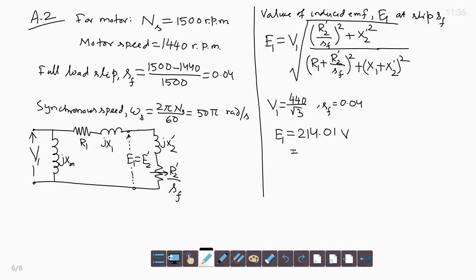So, induced EMF depends upon the relative speed and the MMF. Now, relative speed is same and flux is same. So, this EMF remains same, this is the voltage applied to the rotor circuit just after braking.